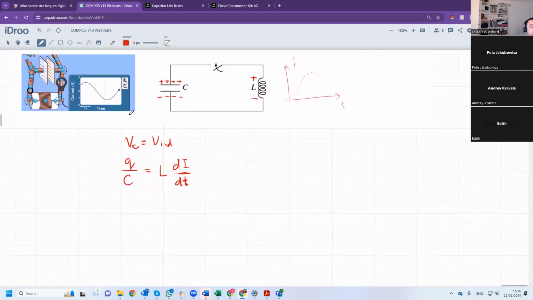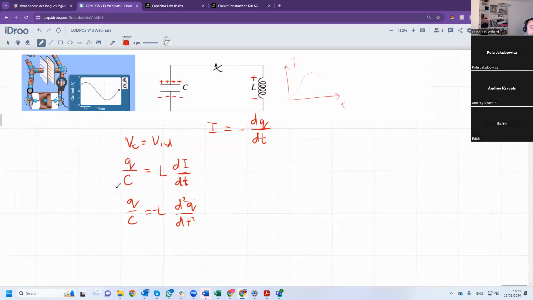Okay, but current is also the rate of discharge of the capacitor. So it's minus dQ/dt, because current is how fast the capacitor is discharging. So I can plug this in here. So Q over C is equal to L, because I is the derivative, minus d²Q/dt².